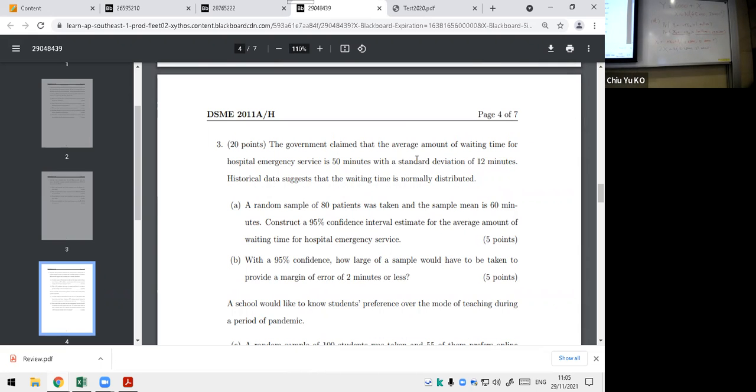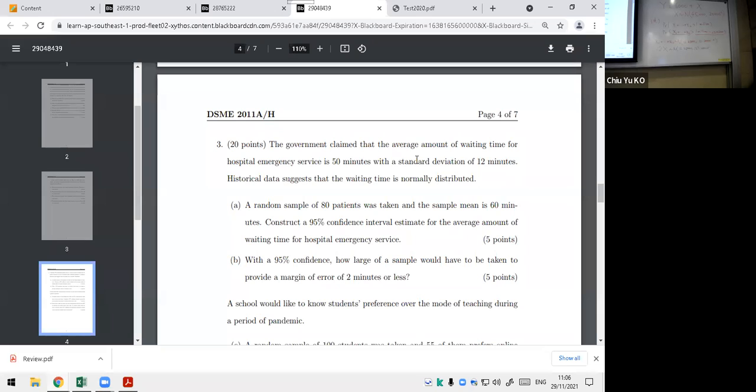This shouldn't be difficult, because you can see this is a confidence interval estimate with a sample. Basically you just need to apply the formula. The first question is rather simple. The government claimed the following: mu is 50, sigma, not sigma square, be careful, sigma is 12.